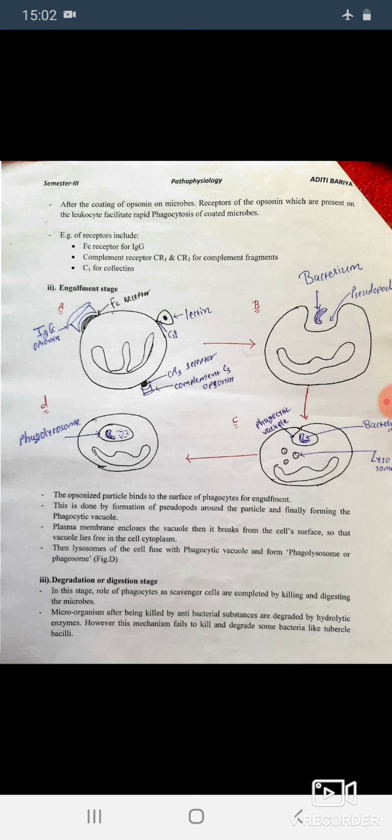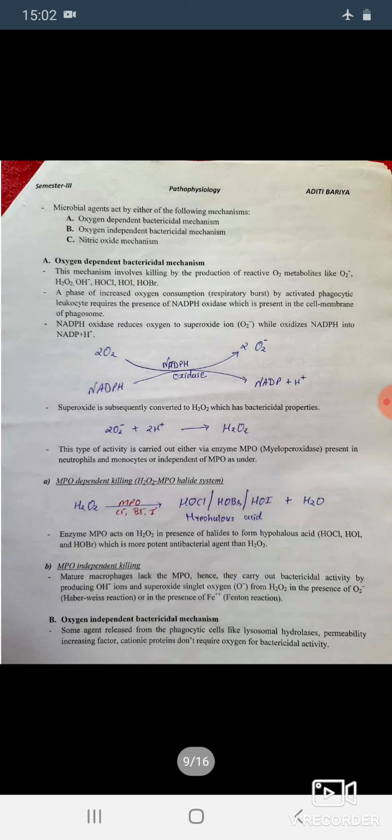Okay, so that is the degradation stage, which occurs in three steps. Degradation, or you can say killing, occurs by three mechanisms: oxygen dependent bactericidal mechanism, oxygen independent bactericidal mechanism, and nitric oxide mechanism. The first, oxygen dependent bactericidal mechanism.